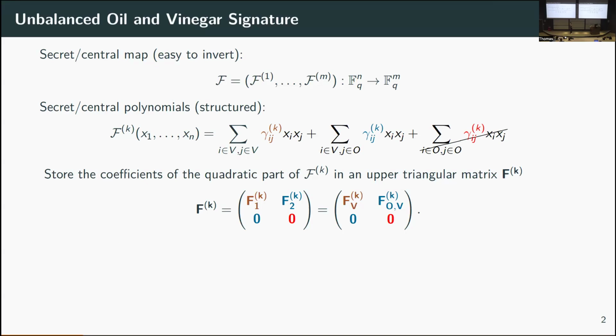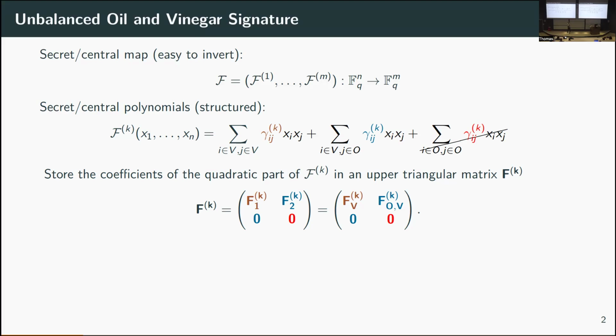As you heard yesterday, you can store the coefficients of these polynomials in matrices. We see here this first part comes from the vinegar cross vinegar terms, the second part from the oil cross vinegar terms. And this 0 is really due to the fact that we don't have any oil cross oil terms. Yesterday we saw symmetric matrices, so this was not 0 yesterday, but it is now.